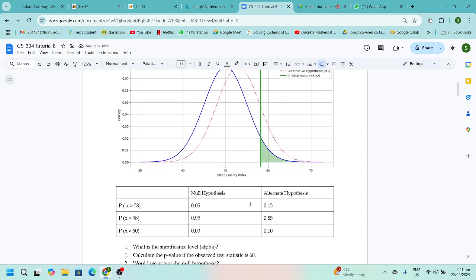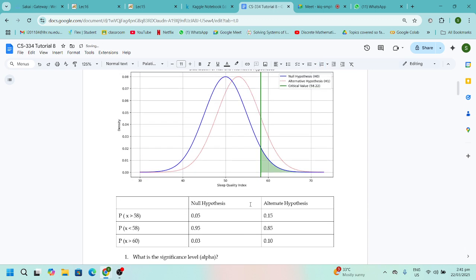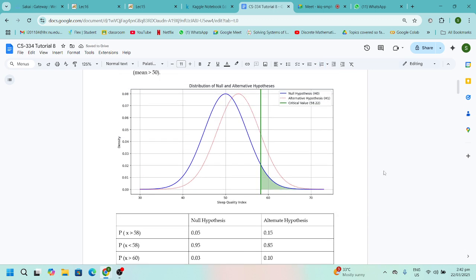Anyway, I will fix that later. So what is the significance level? In this case, the significance level must correspond to my critical value, and my critical value is 58.22. And obviously, my significance level must be the area to the right of my critical value under the null hypothesis. So this is what I'm looking for.